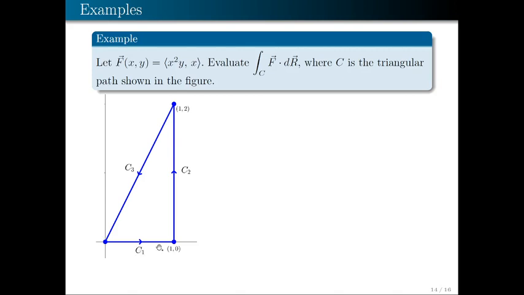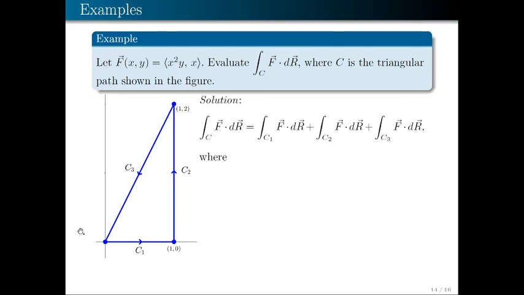It is the union of C1, C2, and C3, where C1 is the line segment from the origin to (1, 0), C2 the line segment from (1, 0) to (1, 2), and lastly C3 the line segment from (1, 2) back to the origin. So the line integral of f dr over C is the sum of these respective line integrals. We'll be computing each line integral separately.